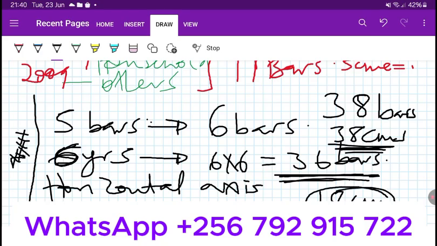They are 18 centimeters. Those squares that we have, they are 18.